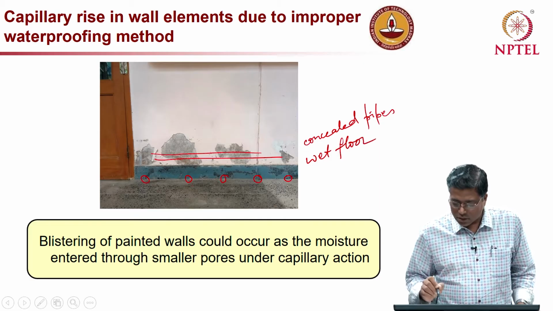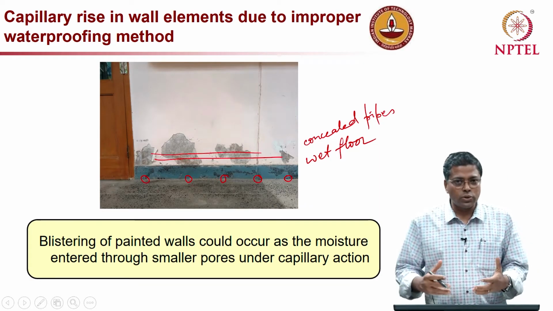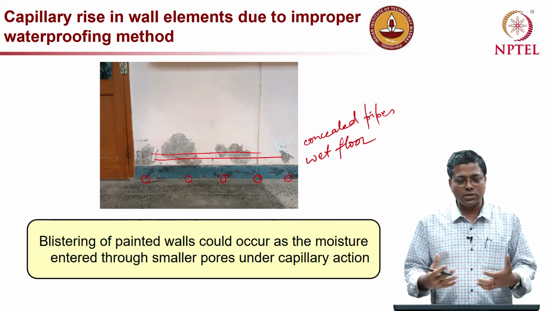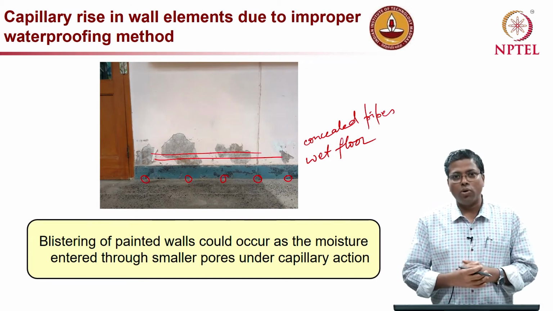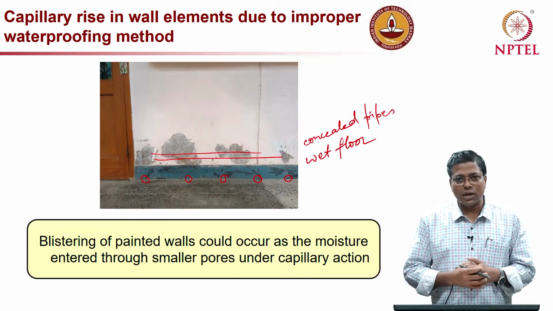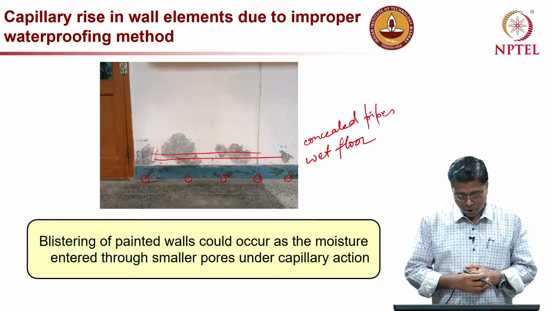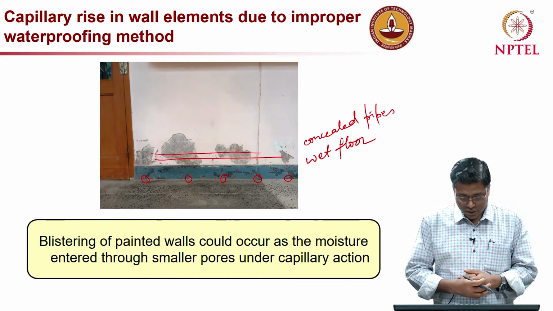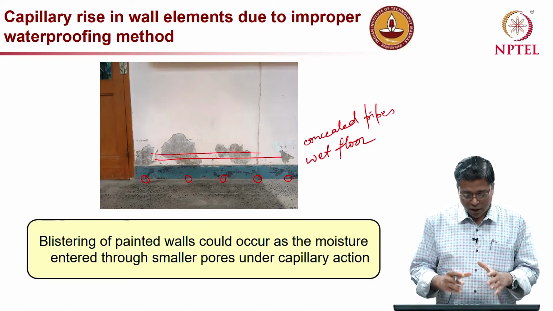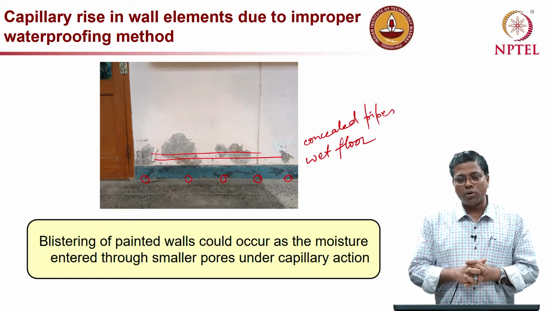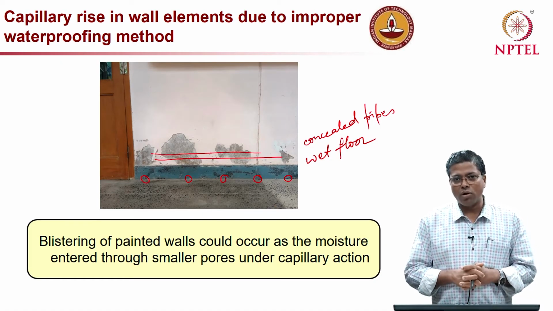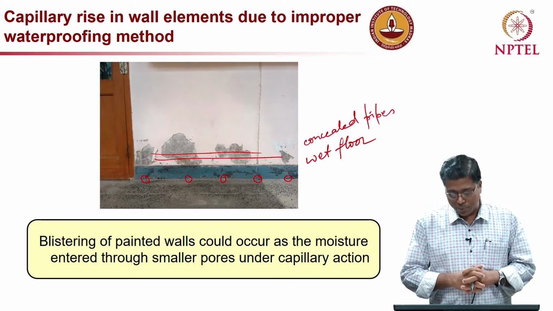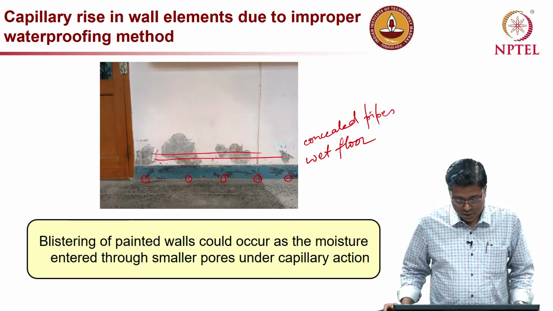In such cases, if the floor is wet, capillary suction might happen. If the concealed pipe is corroded, or somehow water is there, that is another problem, and if there is pressure, that is also another problem. So, in whatever way, if we can reduce the pores available in the wall, then that will probably help prevent this water damage.